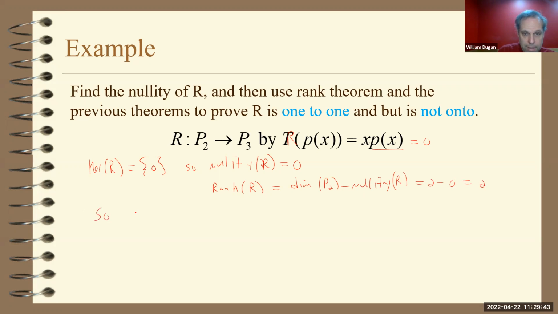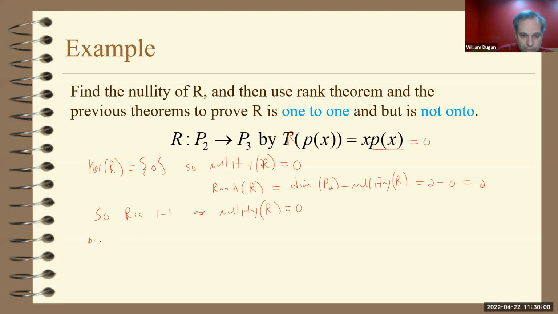So that means, hence, that R is one-to-one as the nullity of R is 0.